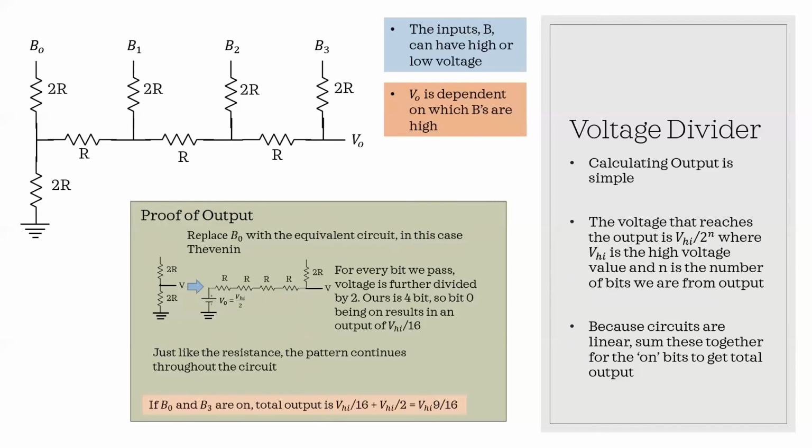But if we turn on B3 and B0 at the same time, we have 1/2 a volt and 1/16 of a volt. So we're going to get a total output of 9/16 of a volt. So you can finely control how much output you're providing here based on a digital input signal.